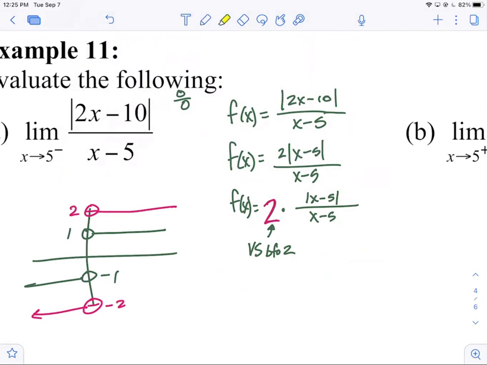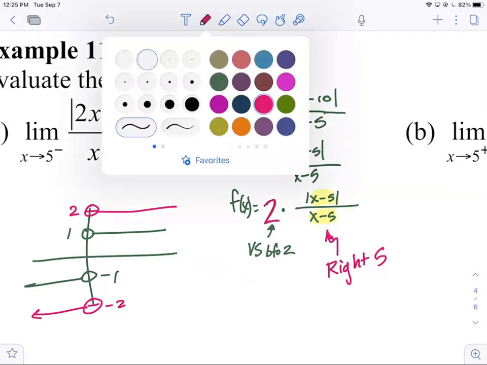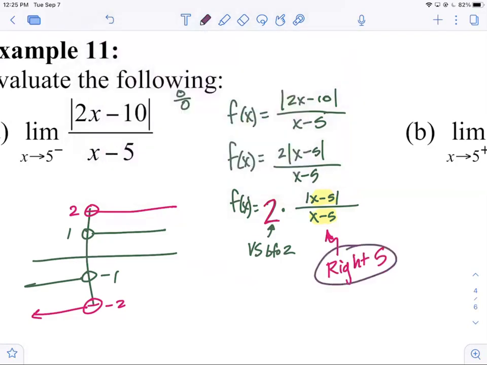But what does the other transformation do? When you replace x with x minus 5 for any function, what does that do? Shifts, right? Left or right in this case? Right. Right 5, a shift. So if I want to sketch what that looks like, let me use purple here.